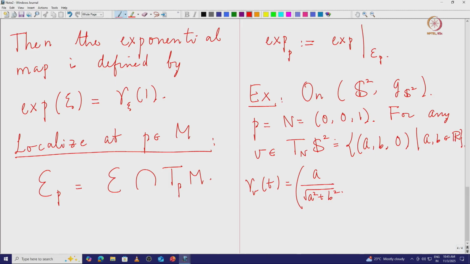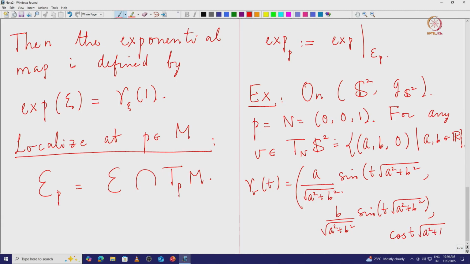Then the corresponding geodesic, one can just use spherical coordinates and write down a formula, will look like this.